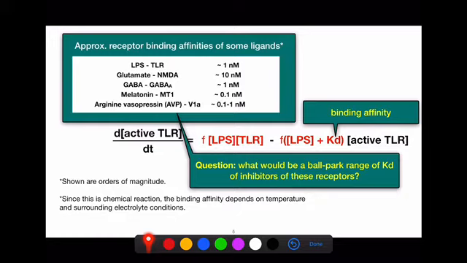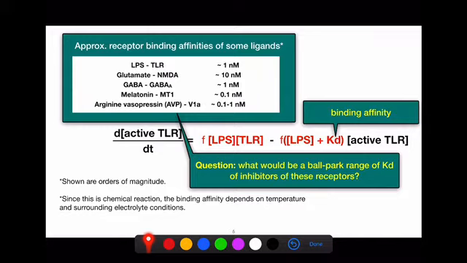If the temperature increases, the rate will increase. But inasmuch as the forward rate increases, the reverse rate will also increase. And they are in a ratio, so they will probably cancel out. So the approximate value for KD doesn't really change, but it does change slightly, and its kinetics also change. It's important to know.